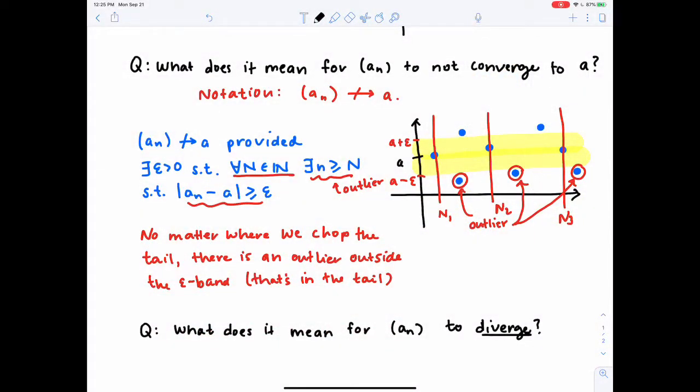So we've given the definition of what it means for a sequence a_n to not converge to a specific real number A. We need to go a step further and ask the question, what does it mean for a_n to diverge? Just because a_n doesn't converge to 5 doesn't mean it couldn't converge to 7, for example. So we need a precise definition here.